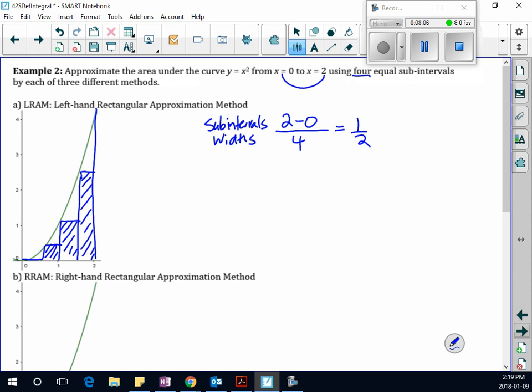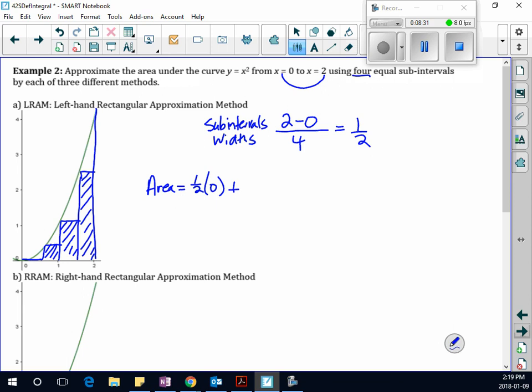Okay, so in order to calculate this, we're going to just do basic rectangle area. When did you learn rectangle area? Grade 4? Grade 9? So the area is equal to, what's the width here? Well, it's 1/2. What's the height there? 0.